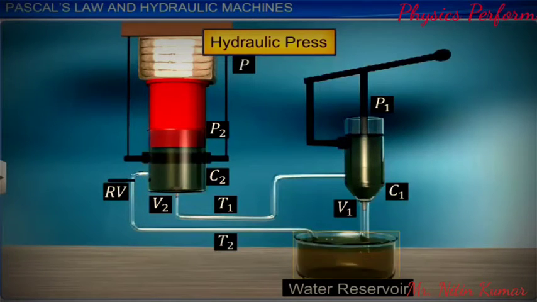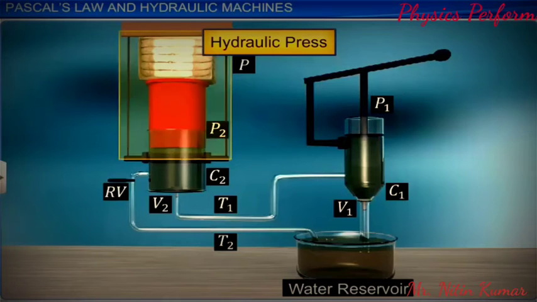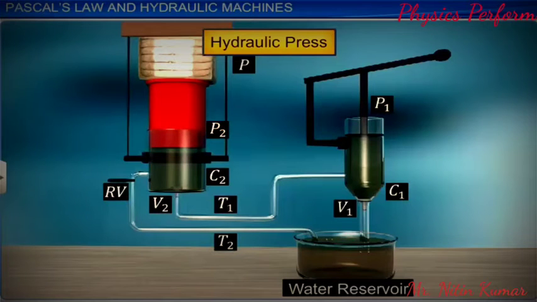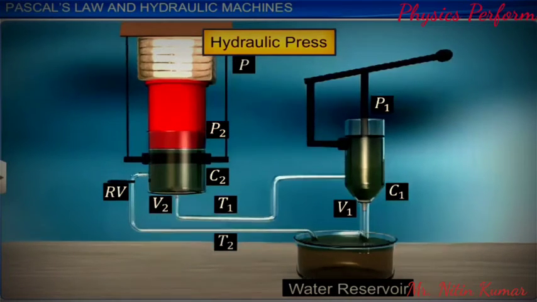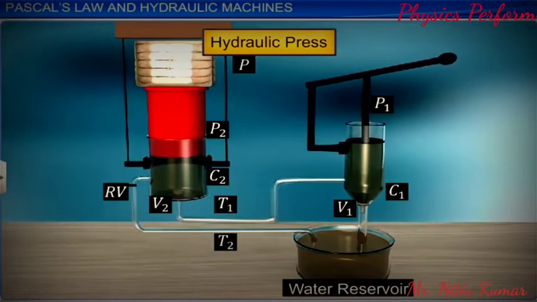Piston P1 is raised upwards by the application of force F at the handle edge of the lever. Upon the action of the handle, the valve V1 opens. The water from the reservoir is sucked into the cylinder C1.